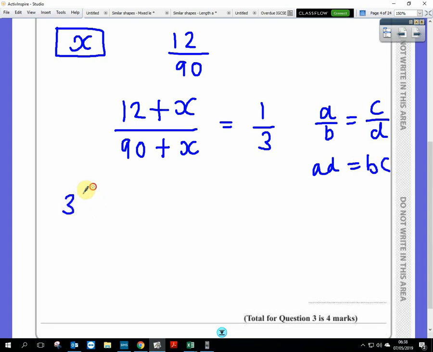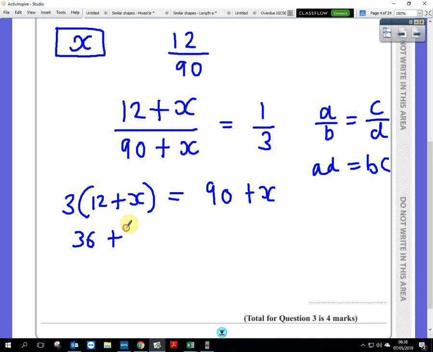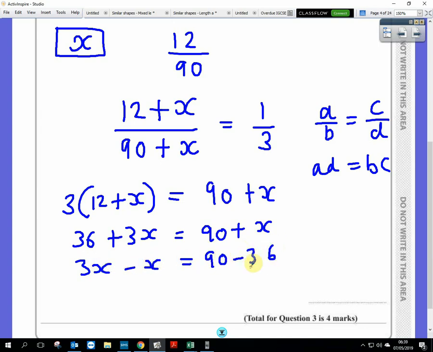So 3 times 12 plus X, and remember not to write times, use brackets, equals 1 times 90 plus X, and 1 times 90 plus X is just 90 plus X. Expand the bracket, 36 plus 3X equals 90 plus X. Let's do a bit of rearrangement. So 3X minus X is equal to 90 minus 36.